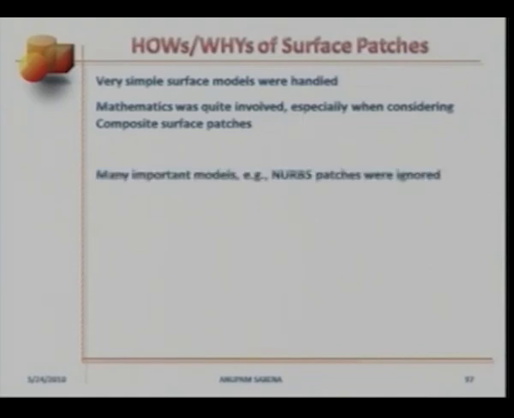Many important models, for example, non-uniform rational B-spline surface patches, were ignored. Interested teachers and students are encouraged, and I would myself do that as well, to learn about NURBS surface patches on their own. Again, there is quite a bit of dedicated literature in this subject itself.